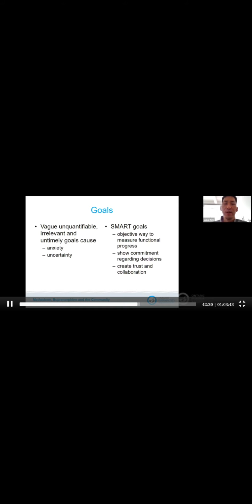So avoiding those types of goals, you want to make sure that they have SMART goals, which are an objective way to measure functional progress. It'll show commitment regarding their decisions, and having them set and achieve SMART goals will help to create trust and collaboration between you and the patient.